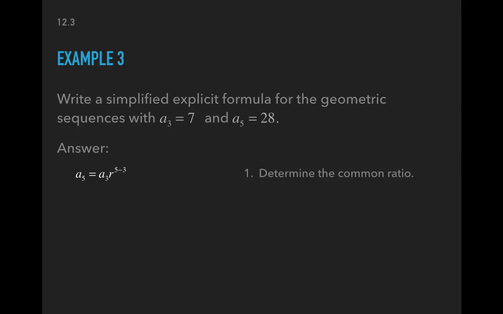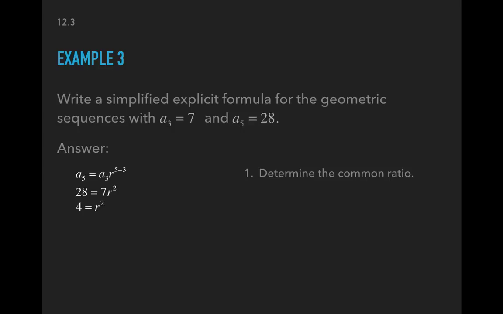So that's a sub 5 is equal to a sub 3 times r to the 5 minus 3. That would be 28 when I substitute in, equals 7r squared, because 5 minus 3 is 2. Divide each side by 7, and that gives you 4 equals r squared.